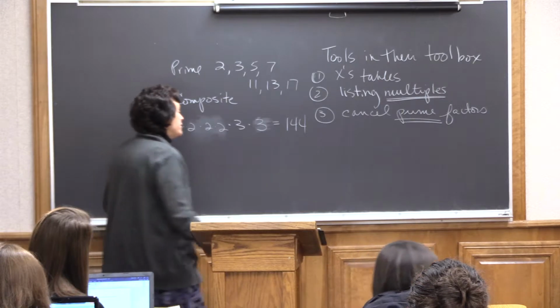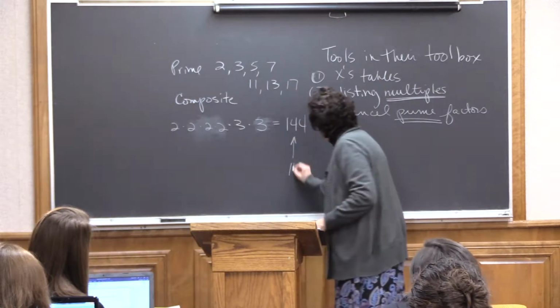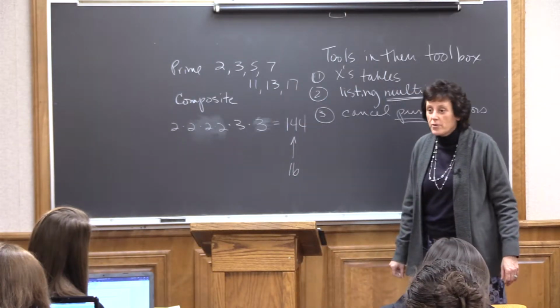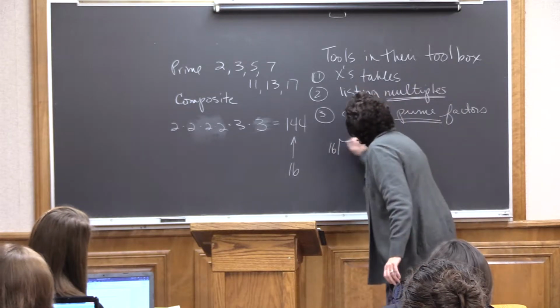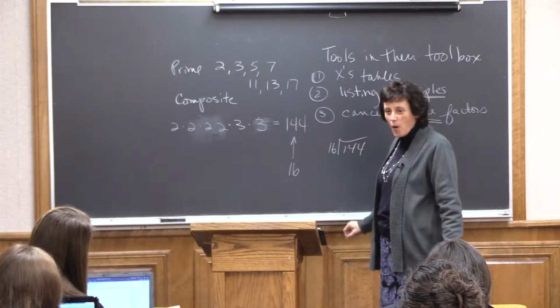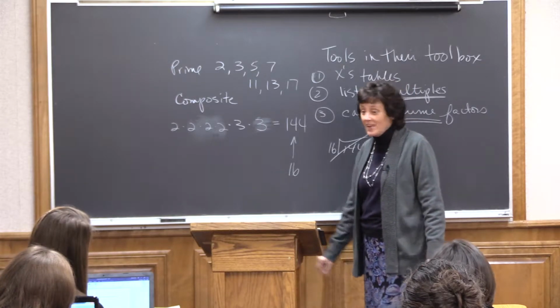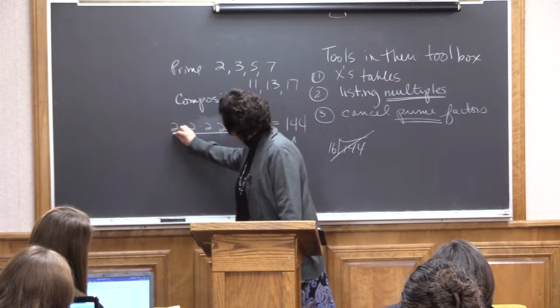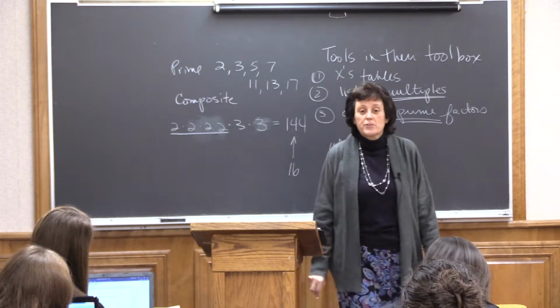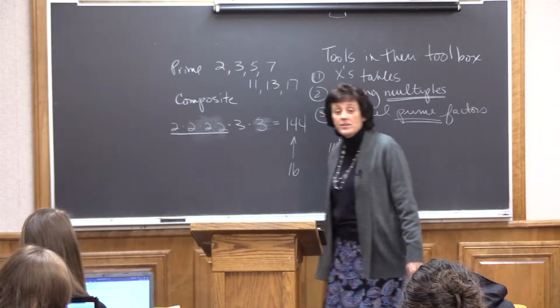Okay, let me ask you, does 16 go into 144? Oh, let's find out. Do you see 16? I see 16 in 144. So how many times does 16 go into 144?